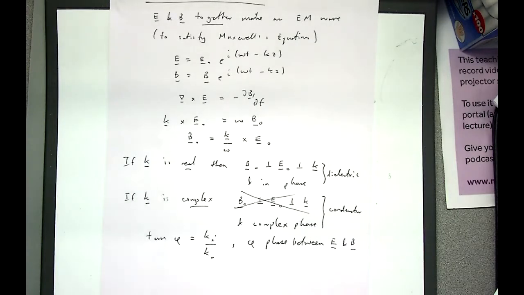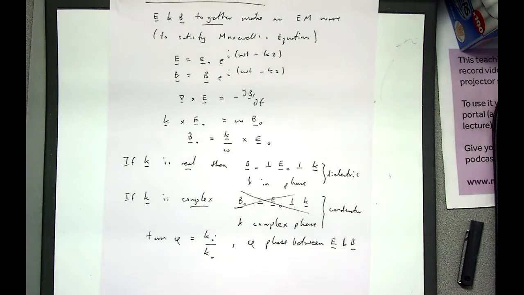And if K is real, then we can say that the direction of the magnetic field is perpendicular to the direction of the electric field, and therefore also perpendicular mutually to the direction of propagation K. Right? But we saw that in a conductor, K is complex. So therefore it's not true that these things are necessarily perpendicular to each other, and we expect there to be a phase difference between E and B. Okay?